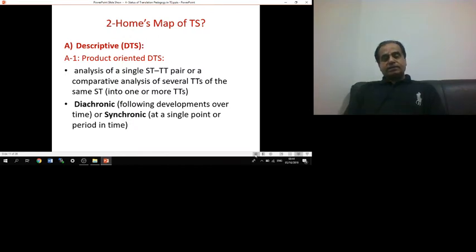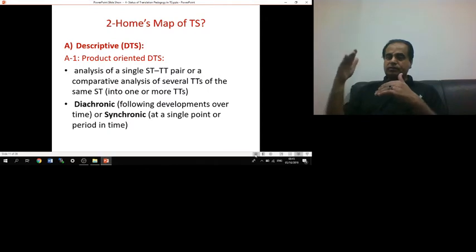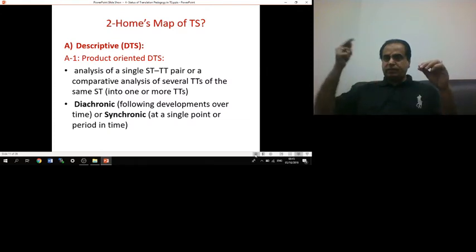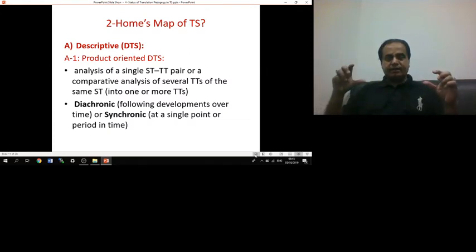Or comparative analysis of several target texts of the same ST. So the same ST is there, that is again Arabic, but the same text has been translated into English, into Chinese, into French, and so on. So the comparative analysis of this is also description, because we have the product, so we are comparing the product with the original text. So it is describing.